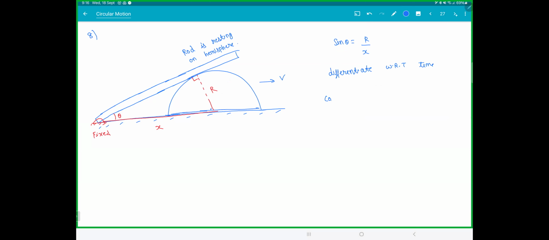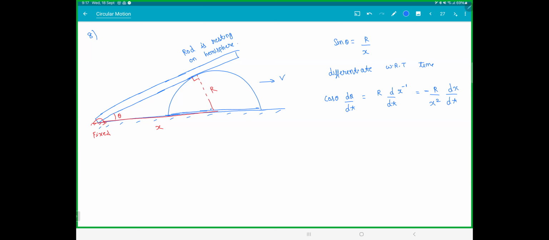Sine का differential is cos theta d theta by dt. That is r d by dt. You're differentiating x power minus 1, which is minus r by x square dx by dt.